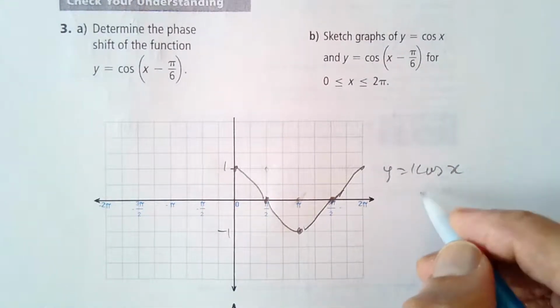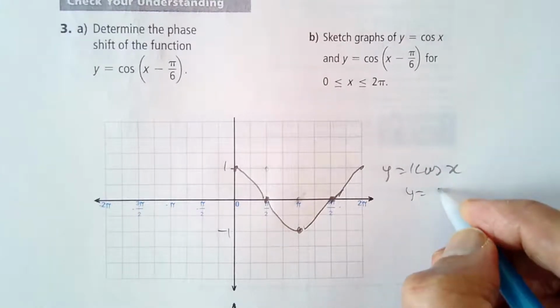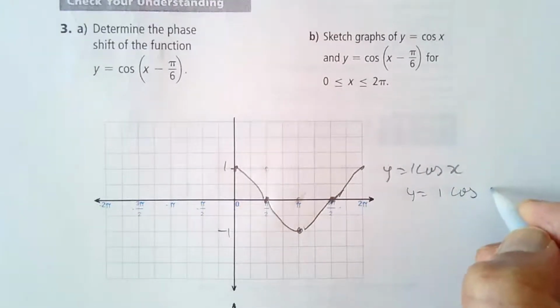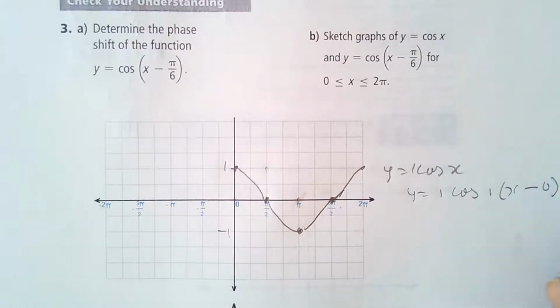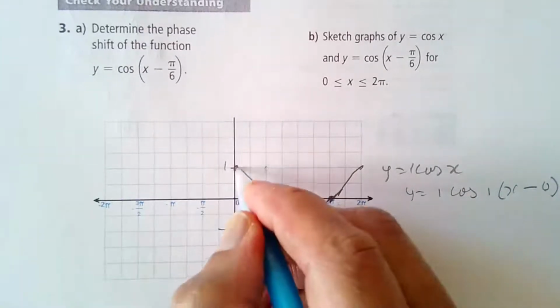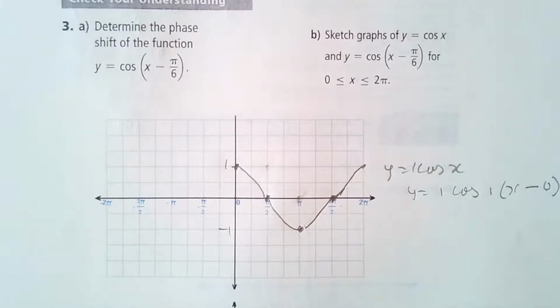If you were to write it out, y is equal to 1 cos 1 x minus 0. There's no horizontal shift here, so no phase shift.